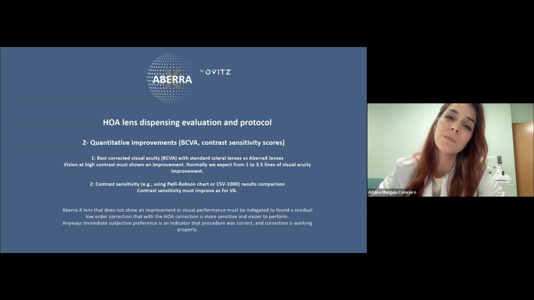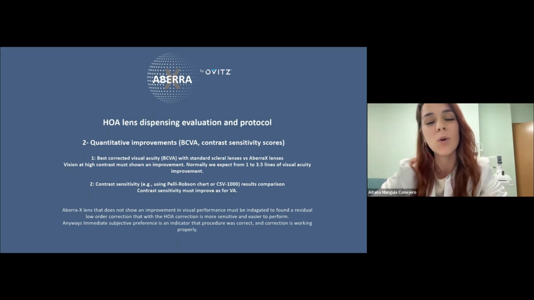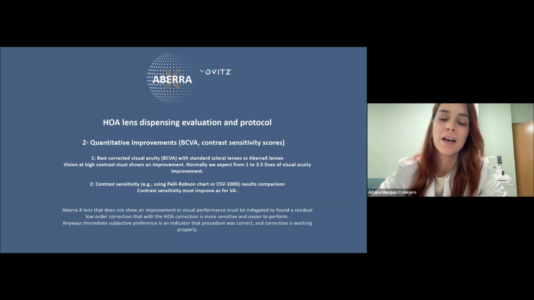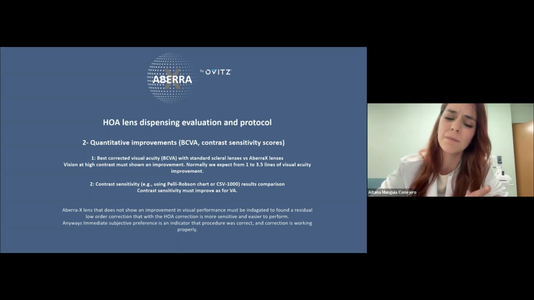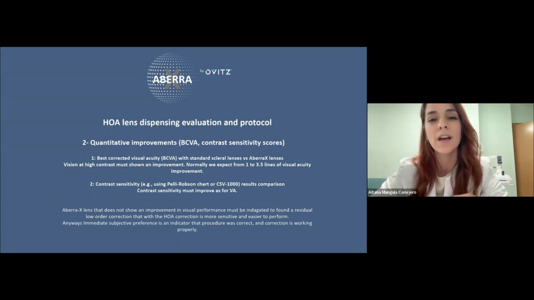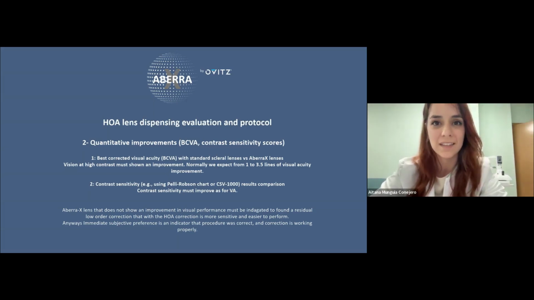And this must go hand in hand with an improvement in contrast sensitivity. This is a crucial point in the assessment of our patient, because if at this moment we are not seeing a good performance of the new lens, the clinician must suspect a low order correction of aberrations still to be assessed.